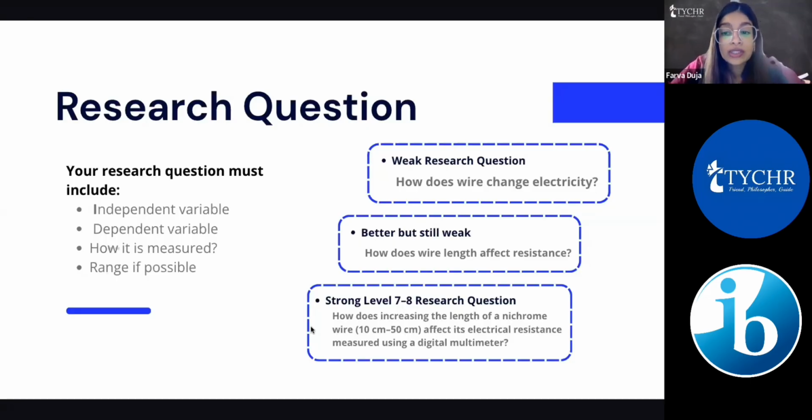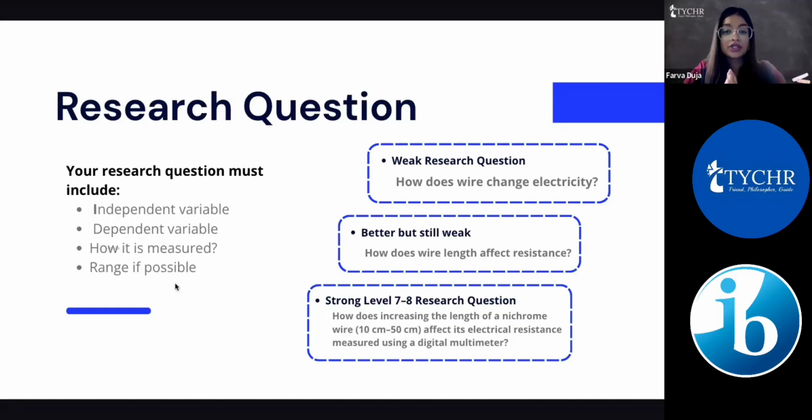So both the dependent and independent variables should be there in your research question, which is there in both of these options. But the last one has specific detail that in your experiment, you're using wires between the lengths 10 centimeters to 50 centimeters. That's written there. Also, how the measurement is done, how you are really measuring it, okay?